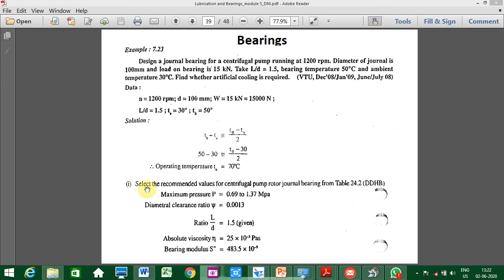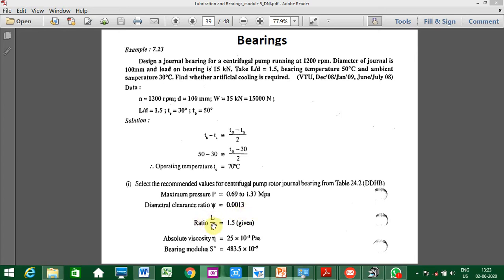Now first step, select the recommended values for the centrifugal pump rotor journal bearing from table 24.2 of the design data handbook. From there you have to refer this. If you refer it, you'll come to know the maximum pressure for this centrifugal pump rotor journal bearing is 0.69 to 1.37 megapascals. Diameter clearance is 0.0013.